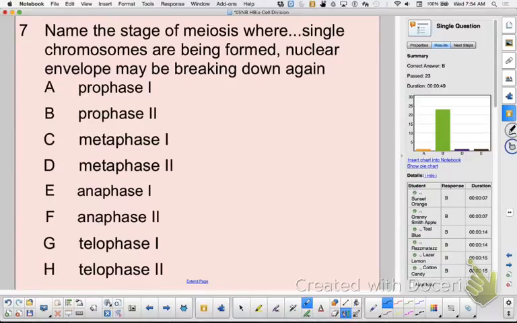Okay, so I wouldn't pick prophase 1 because of the word again, but I would pick a prophase. I would not pick a metaphase because by the time metaphase rolls around, the nuclear envelope's gone. I would not pick anaphase 1 because the nuclear envelope is way gone at that point. So the nuclear envelope and nucleolus disappear in a prophase.